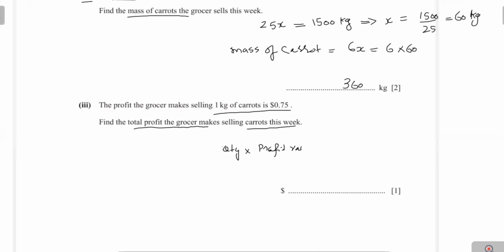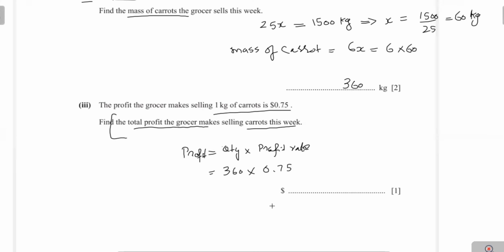You see here the total profit will be equal to quantity, which is 360 kg. The profit rate is $0.75 per kg.